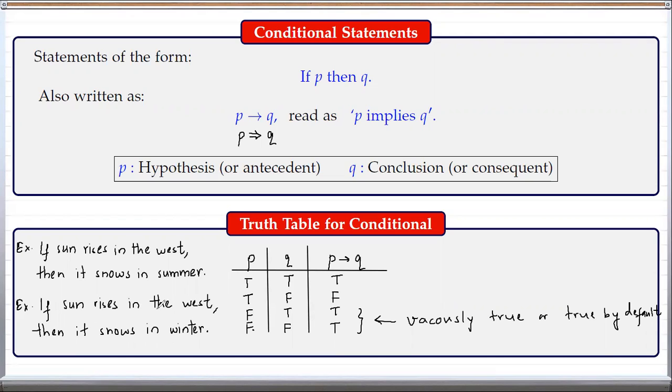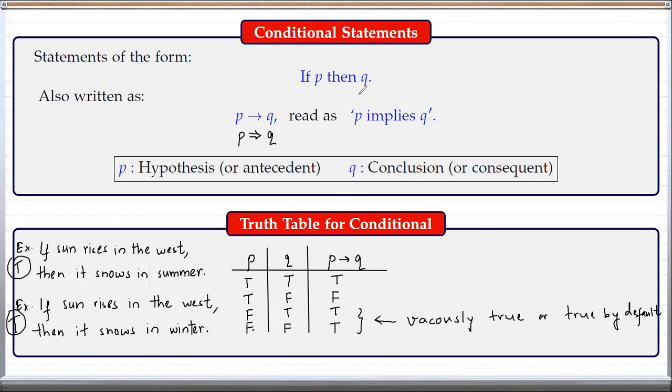So in this case, the hypothesis is false and the conclusion is true. So we are looking at false implies true. And from the truth table, we can see this statement is also true. So this statement is true and this statement is true. So they are vacuously true or true by default. So anytime you start with the hypothesis part as a false statement, then the conditional is going to be true.